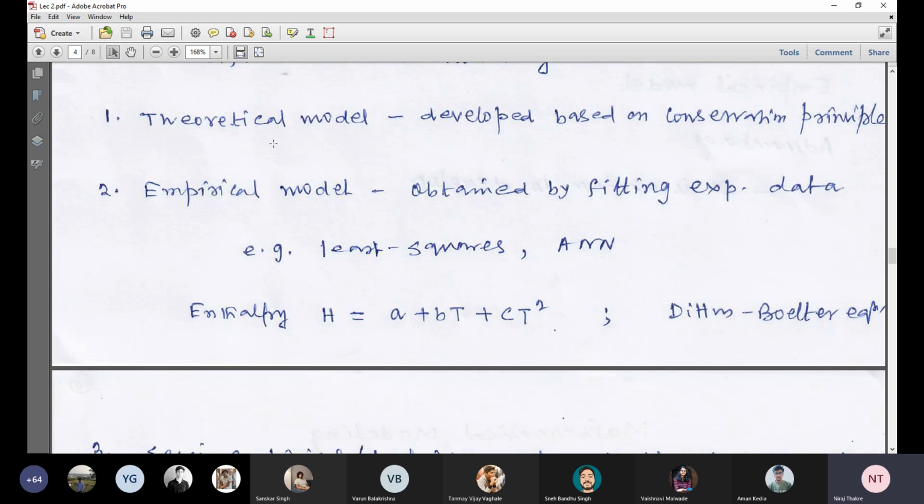So we can get physical insight from the theoretical model, but from the empirical model, you do not have scope to get the physical insight of a process, because the value we get from an empirical model is only in terms of output. What is happening in terms of any intermediate variable or other variables, you cannot have any idea. Fine. So in brief, the theoretical model provides physical insight into a process. An empirical model cannot give us physical insight. This is an important difference.